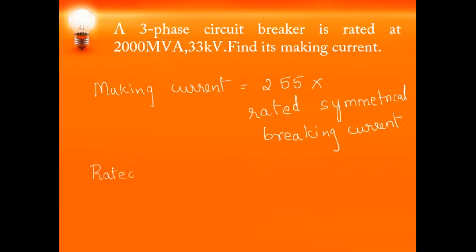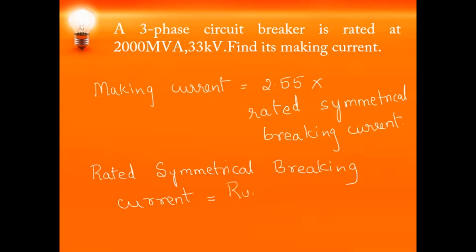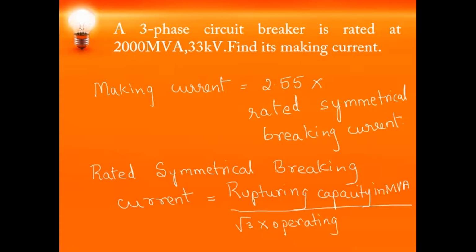So this rated symmetrical breaking current is given by the rupturing capacity in MVA divided by root 3 into the operating voltage in kilovolt.